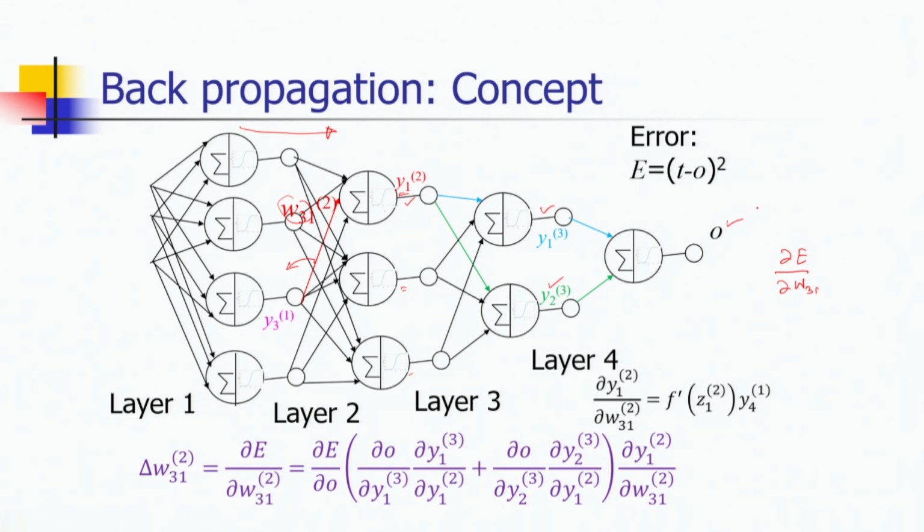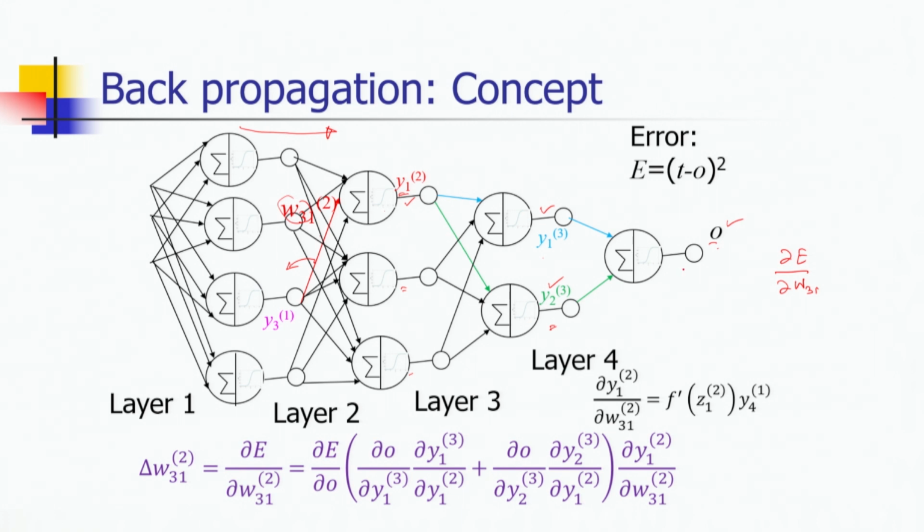When computing the derivative with respect to W31, I first compute from E with respect to O, then from O with respect to this and this, and from each one of them with respect to this, and it propagates, and then we can compute the whole thing.